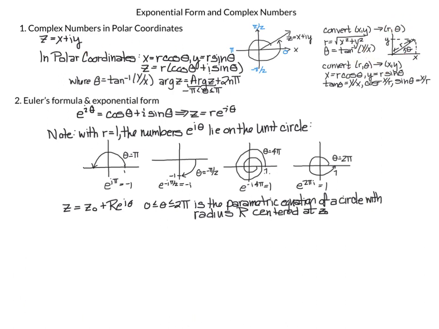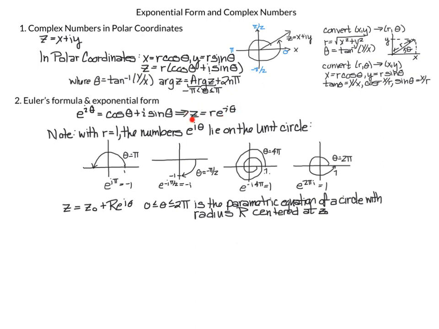So we'll review these polar coordinates, and then we'll go on and look at Euler's formula, which ties together e with cosine and sine. In particular, it's e to the i theta equals cosine theta plus i sine theta, and from there we'll derive this formula, z equals r e to the i theta.